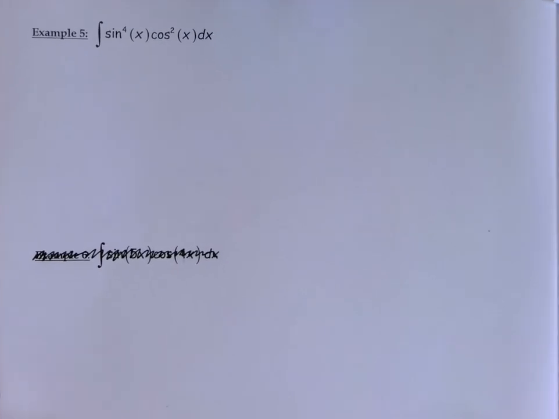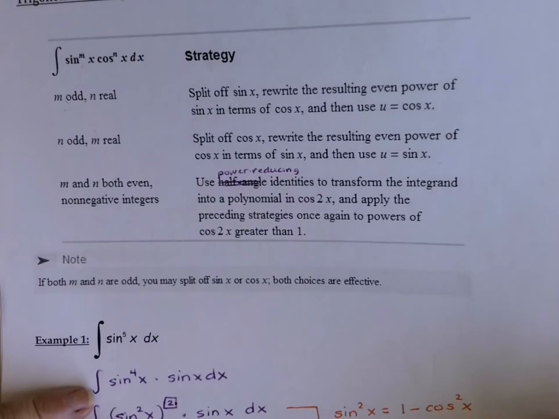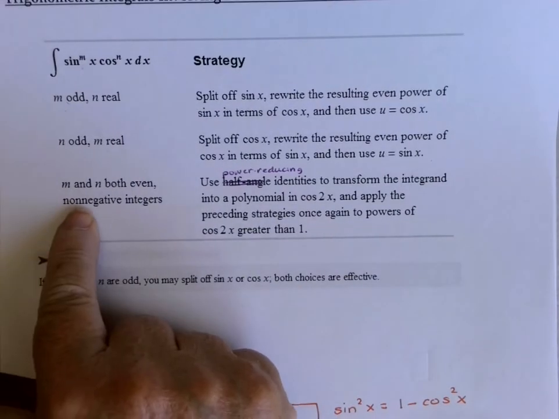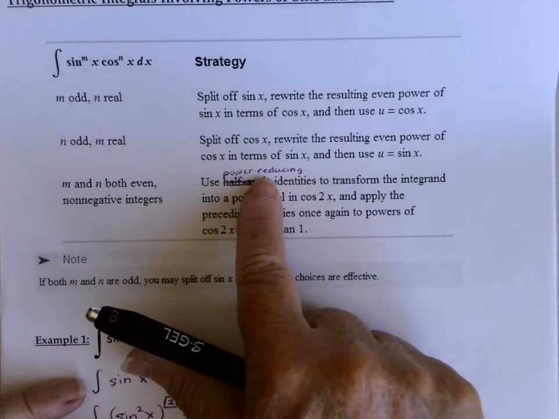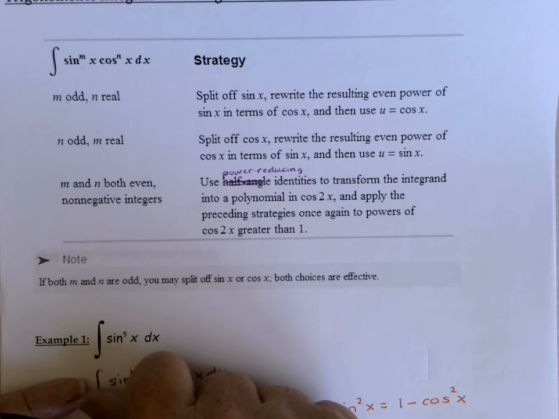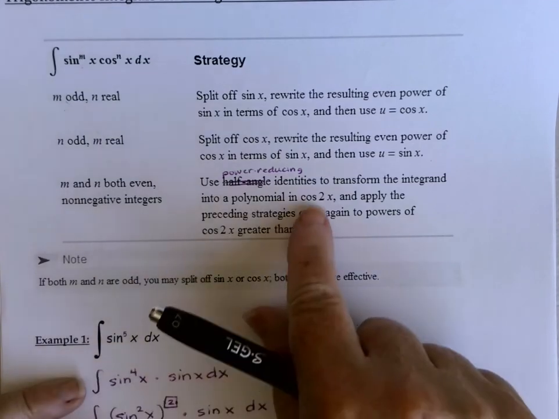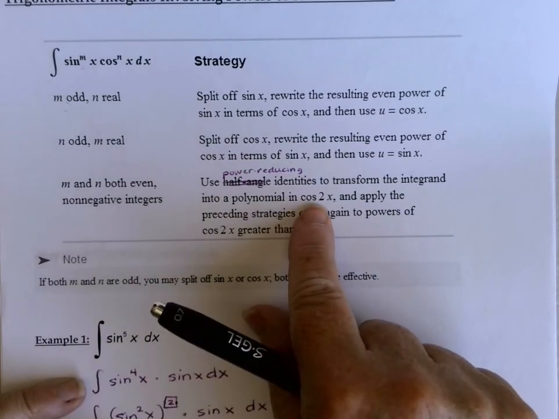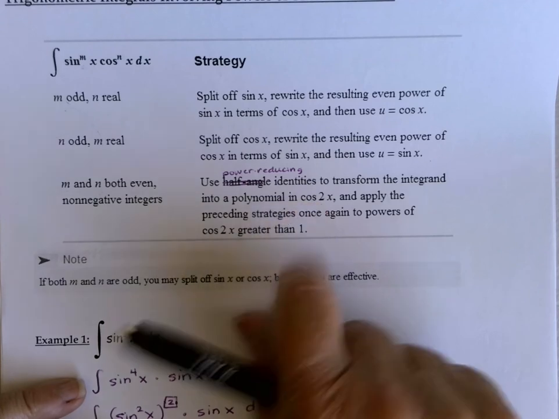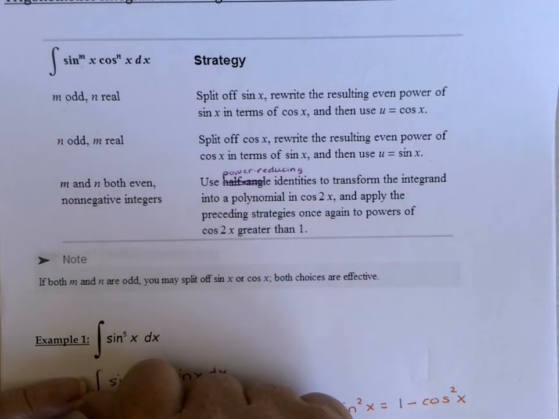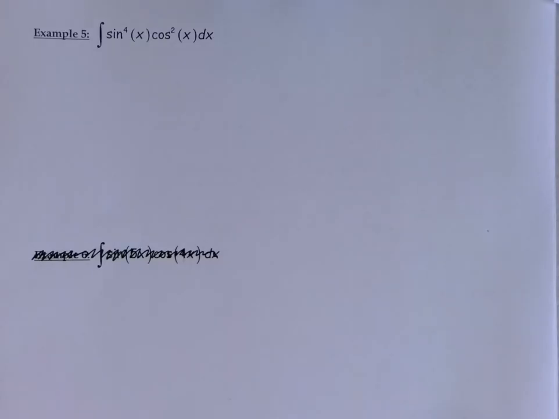All right, so here we are. We've got a situation in which we've got a sine and a cosine, but this time they're both even powers. So I don't have one to split off. Back to the strategy. If m and n are both even, this is where we wanted to use those power reducing identities. And our ultimate goal is to get everything to become a polynomial in cosine 2x. Okay. So let's see what we can do.